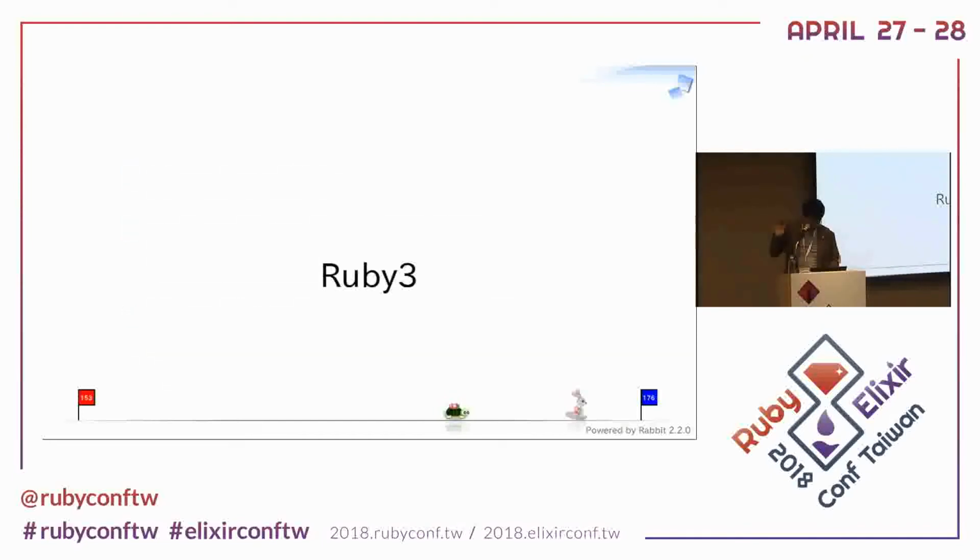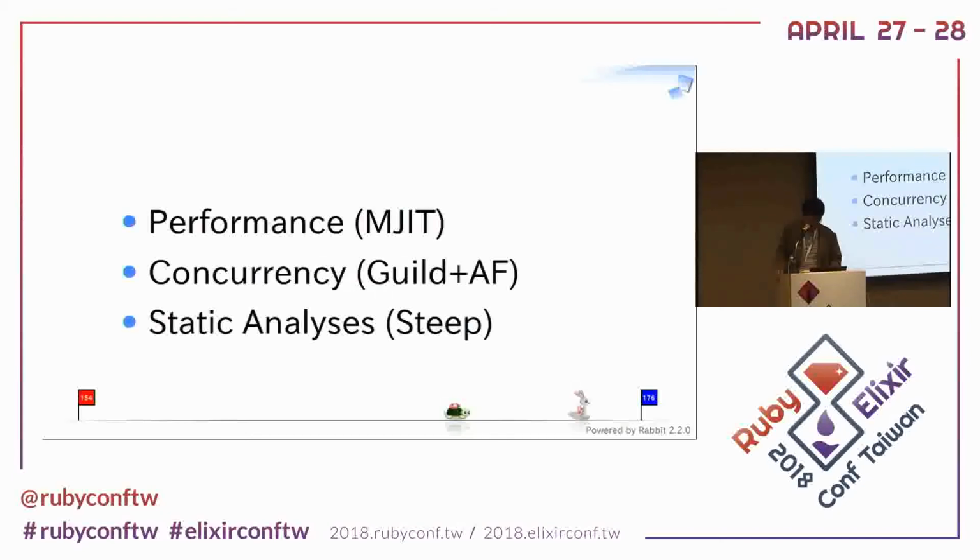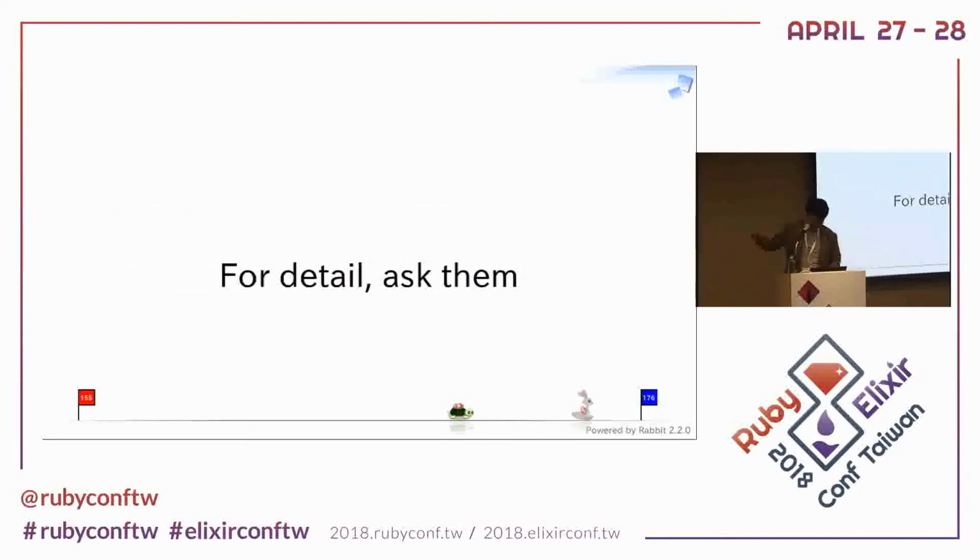So Ruby 3 will have MJIT for performance, Guild and Auto Fiber for concurrency, and static analysis for Steep. That was our attempt to improve Ruby for the future, especially for scalability. For detail, don't ask me.